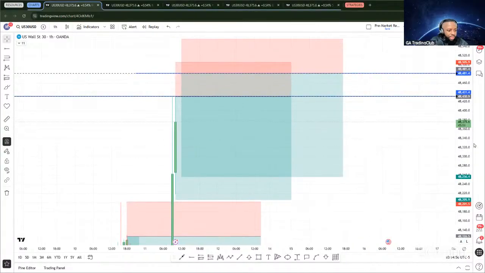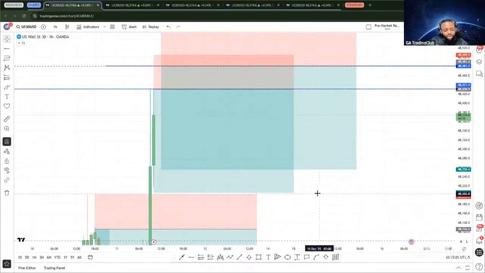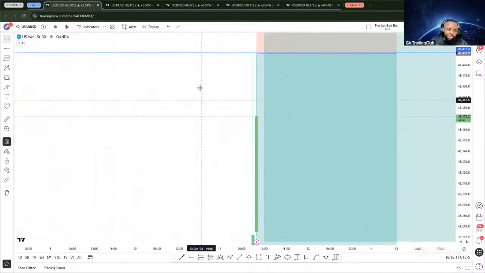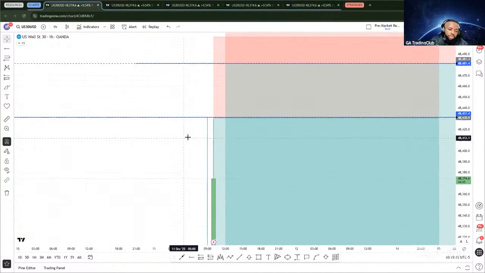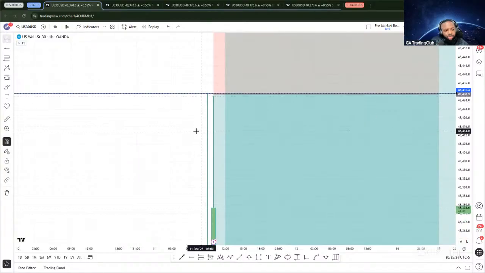If this ends up reversing back from here and hits where that 1:3 would be, I will cancel my pending orders. The reason is, and that's what I was mentioning, when you zoom in, you want to be accurate on where you set your pending order, because some of these things are very instant.